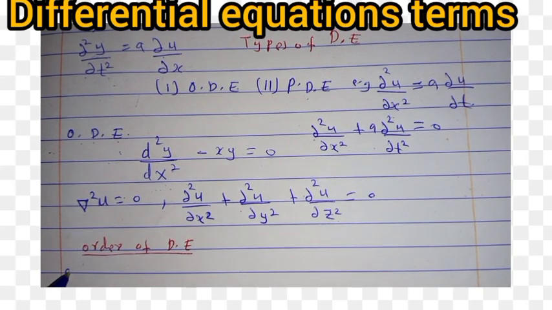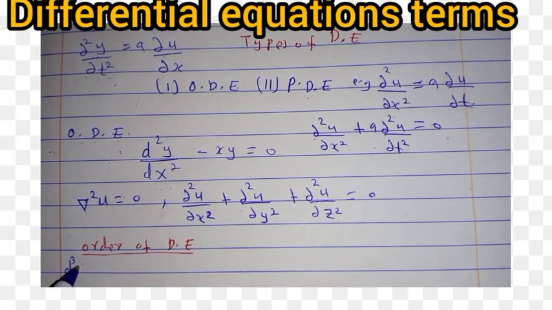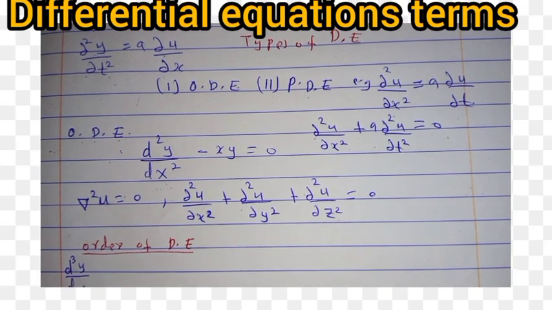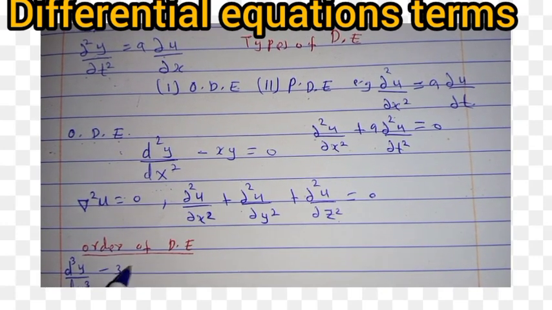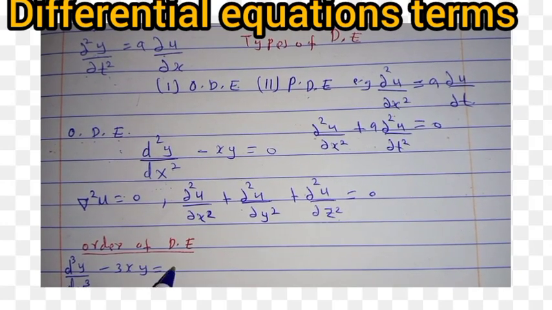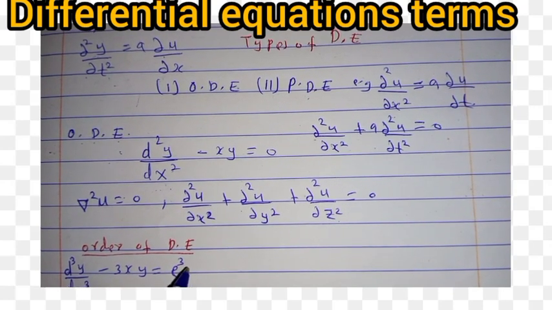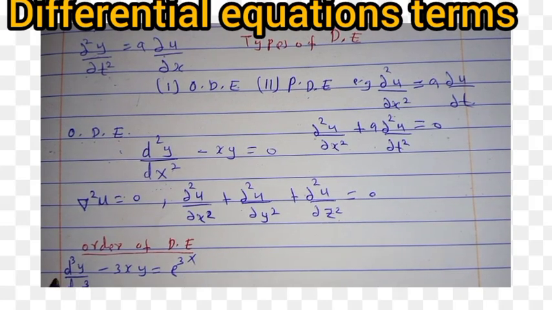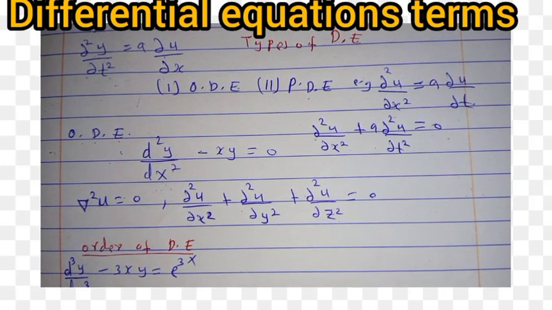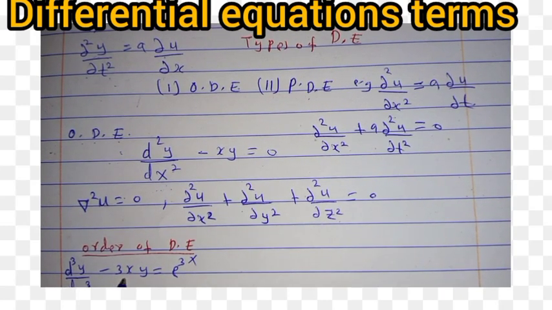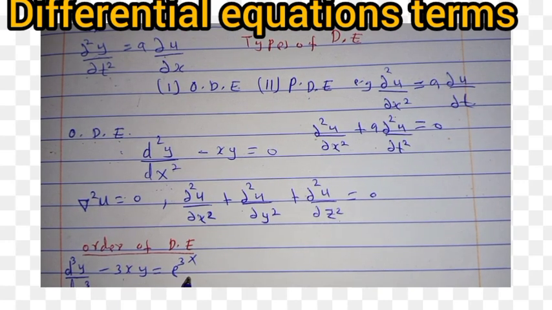For instance, when you have an equation like this, the third derivative of y with respect to x, minus 3xy, is equal to e to the power 3x.